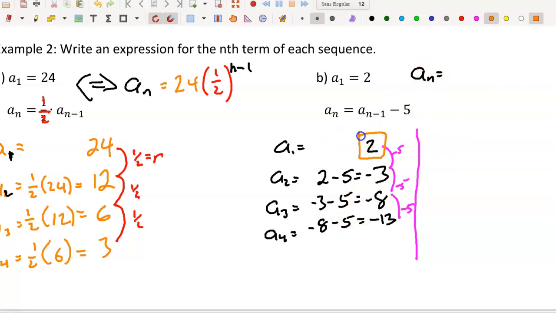We've got our first term here, which is 2. And we got our difference, which is -5. And we can simplify this.